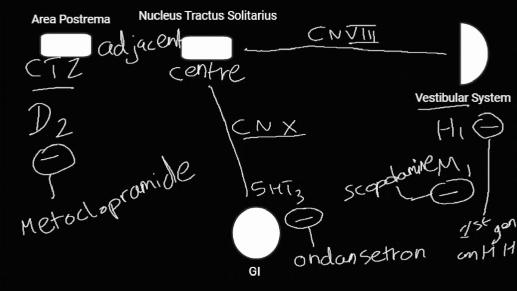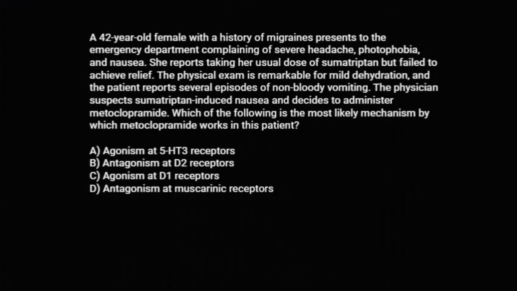So now let's go back and take a look at this question again. A 42-year-old female with a history of migraines presented, all right? She was given sumatriptan and she had nausea. Essentially, what's happening here is that to treat that nausea, this patient is given metoclopramide, and the question is asking what is the most likely mechanism.